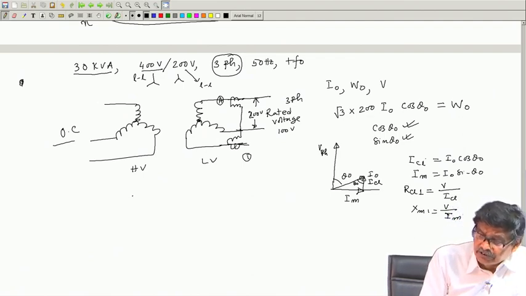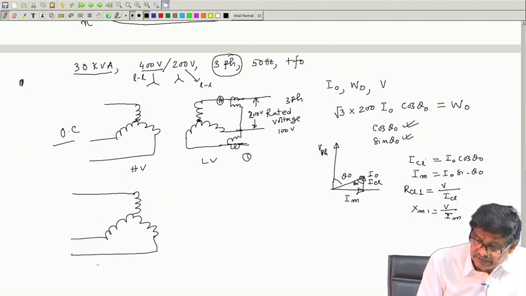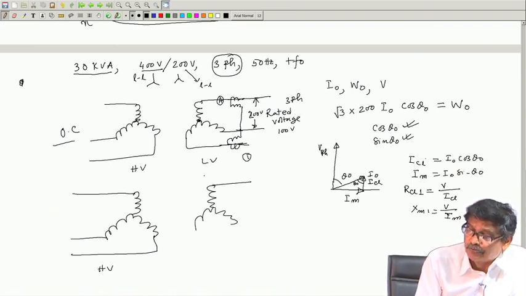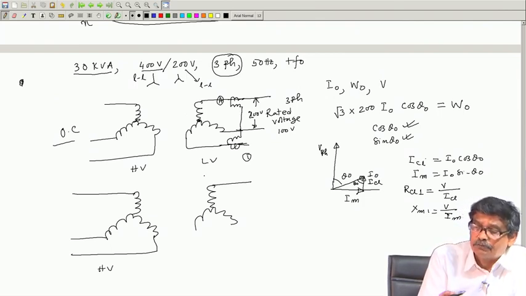Similarly, while doing the short circuit test, what should I do? Generally, the short circuit test is done from the HV side, and the LV side is kept shorted. Of course, for this rating it does not really matter, because it is only 200 volt, 400 volt.